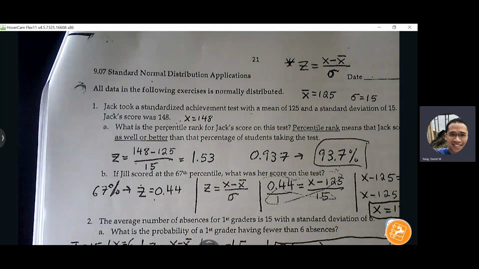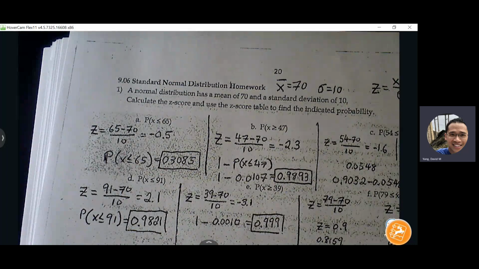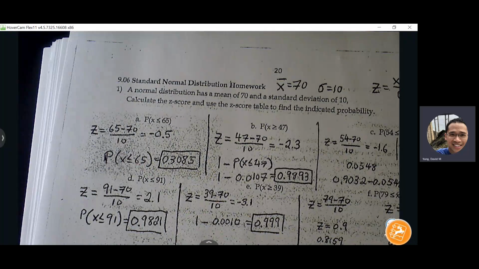So I accidentally didn't turn my 2.3 negative and made it positive, and it ended up being 0.9893. Is that fine if I don't make it negative and I just make it the absolute value and find the positive? Does that work every time?